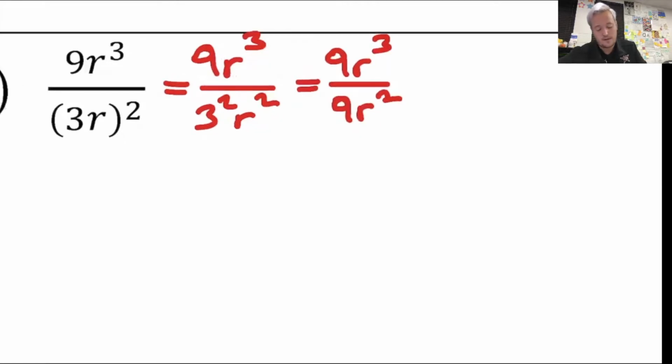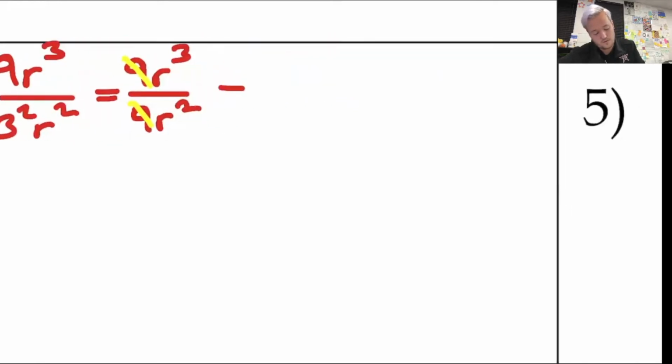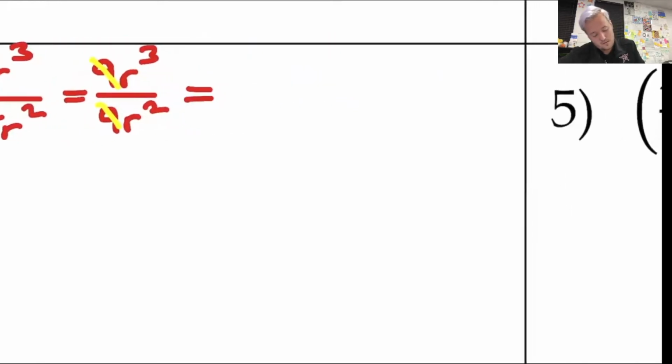So what's going to happen here, these 9s are going to simplify, and then I can do quotient rule for the r values. So I'm going to do r cubed minus 2, which gives me r. So our final answer here is r to the 1st power, but you don't have to write the exponent of 1. You can just leave it as r.